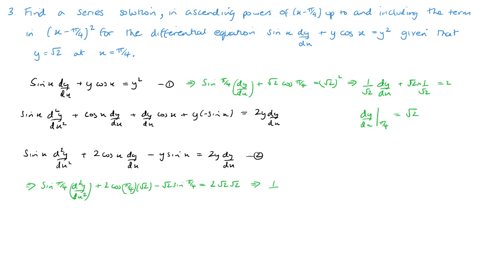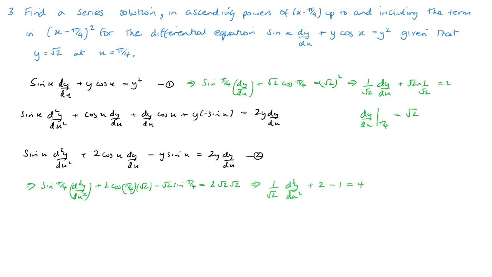So that's 1 over root 2 d2y by dx squared plus 2 times 1 over root 2 times root 2, so that's going to be 2 minus, this is going to be 1 equals 2 times 2, that's going to be 4.